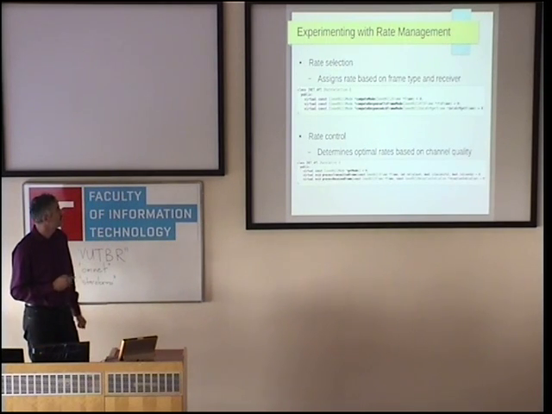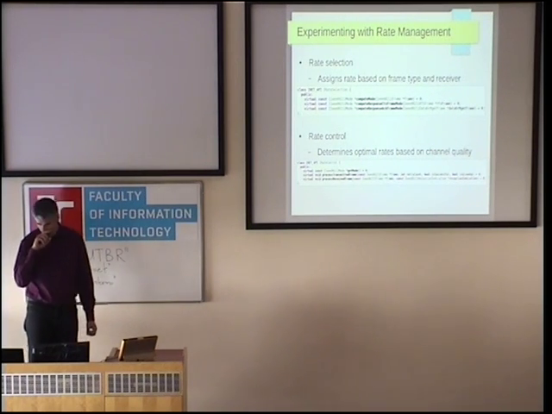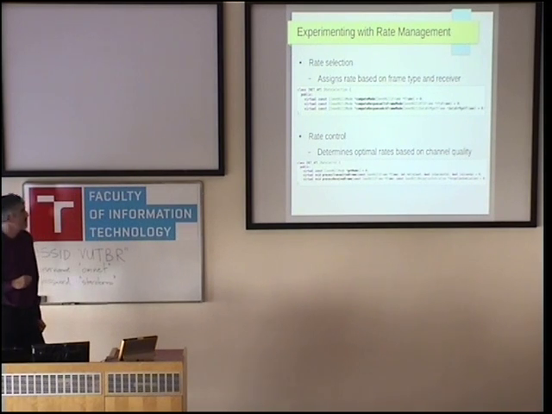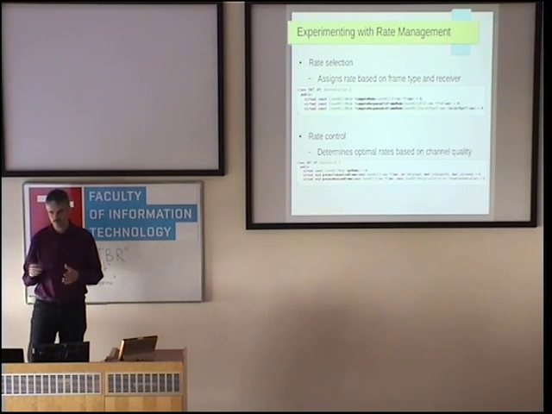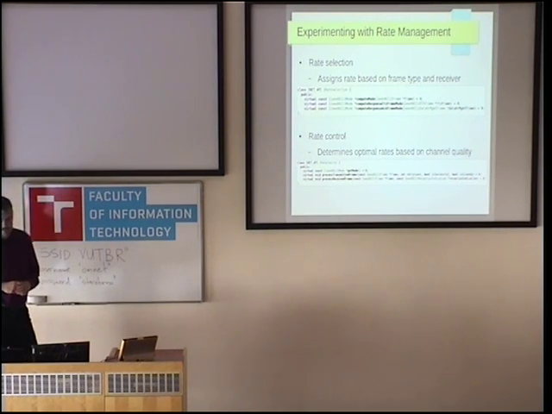This slide shows an example of how you could experiment with rate management. Rate management basically consists of two components here. Rate selection is defined by the standard. The standard gives a very specific definition for the QoS and the non-QoS case, and it is responsible for selecting the rates based on the frame type and the receiver.